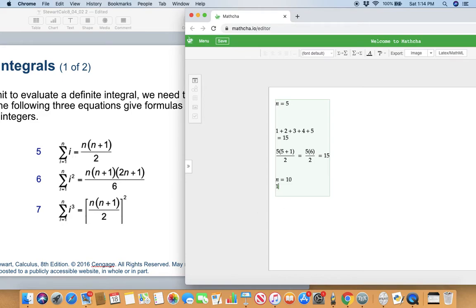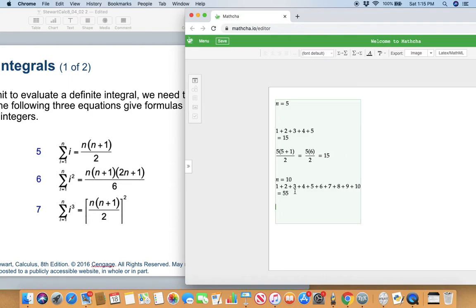In other words, I'm doing 1 plus 2 plus 3 plus 4 plus 5 plus 6 plus 7 plus 8 plus 9 plus 10. What will this all be? 3 plus 3, 6 plus 4, 10, 15, 21, 28, 36, 45, 55.